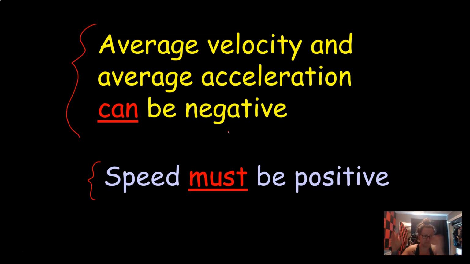If the object is going this way and the wind is blowing it along, it's going to speed you up, a positive acceleration. If the object is going this way and the wind is blowing against it, it slows you down. And speed has to be positive. You're never like, I go negative 10 miles an hour in this residential. That doesn't make sense, right?